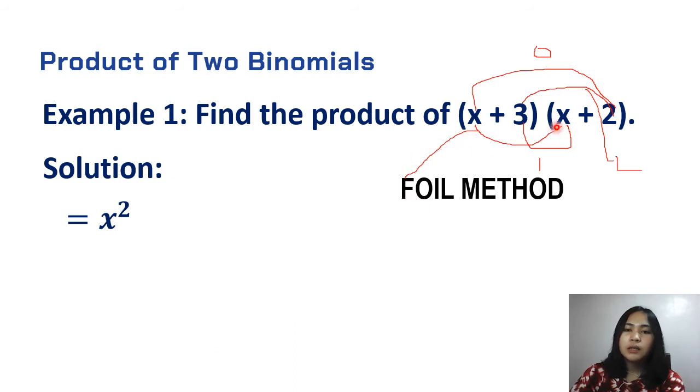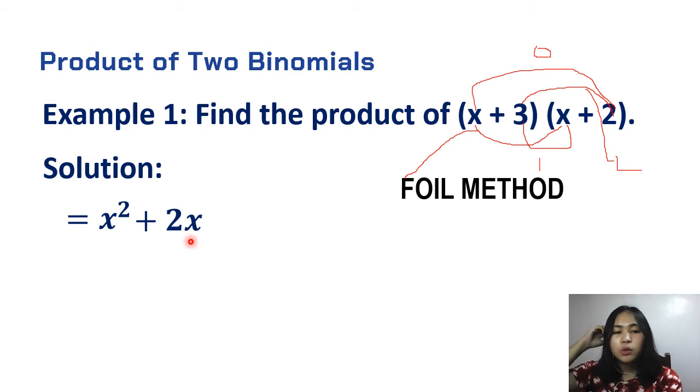So, x times x, we have x squared. Now, outer term, we have x times 2, we have 2x. Always remember that the number comes before the variable. So, let's go back. First, we do the first term.